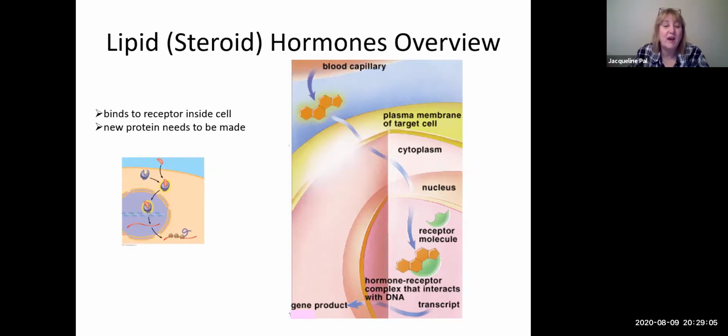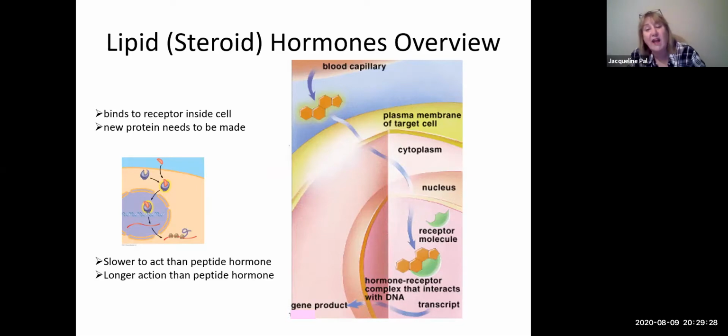So after it binds to its receptor, that triggers the process of transcription and translation and making a new amino acid chain, which is then folded into whatever this protein is. So because we have all these extra steps that have to happen, steroid or lipid hormones are slower to act than peptide hormones, and their actions are going to last longer as well.